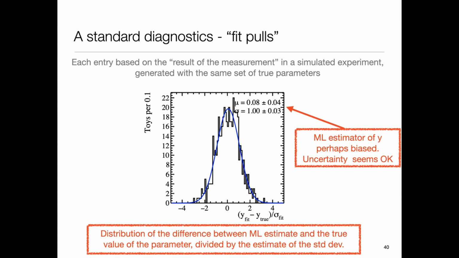So the curvature of the likelihood at the maximum, which is basically this sigma fit that you are dividing by, is a good approximation for the actual spread of the result. If it weren't, then you would have a fit width either much narrower or much wider than 1 here.